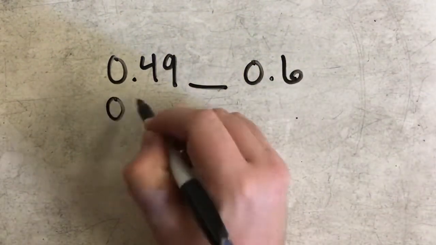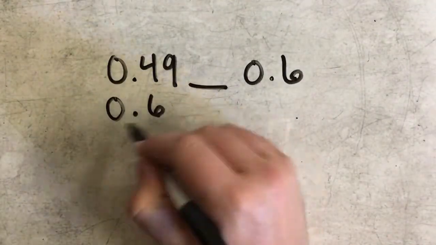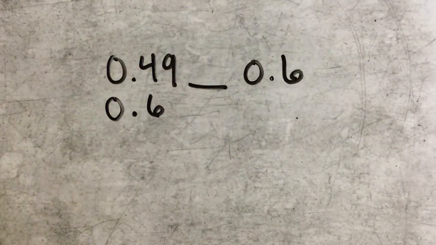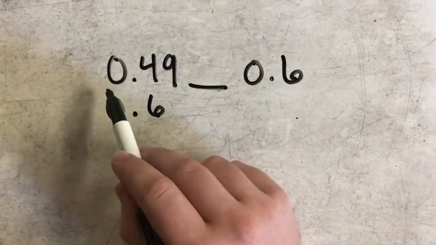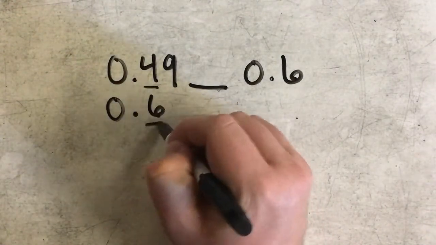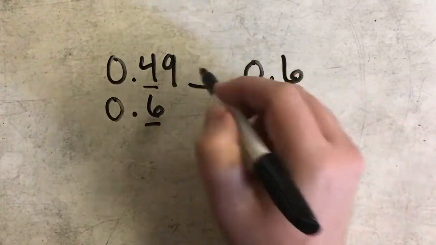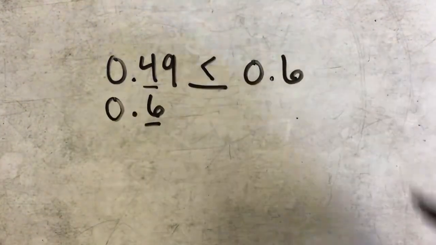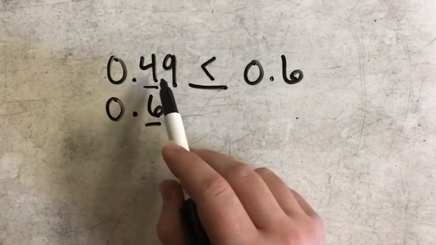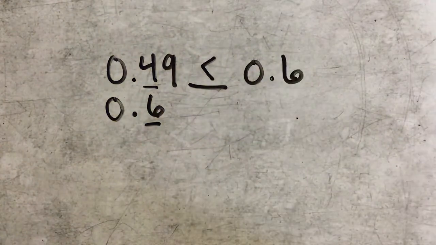So again, I'm going to bring my decimal point right underneath here, and I'm going to put my 6 right underneath the 4. Now, when I compare the highest place values, I get to the tenths place and see that 4 is actually less than 6. So this 6 would be greater than 4. So 49 hundredths would be less than 6/10.